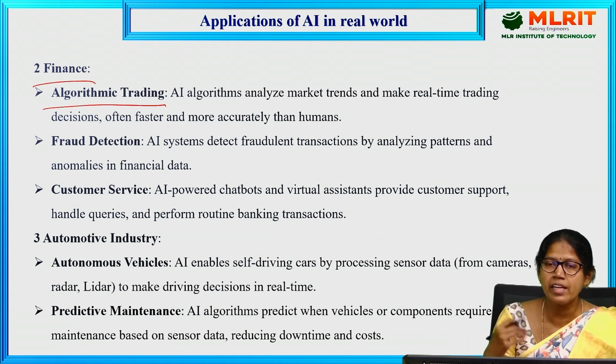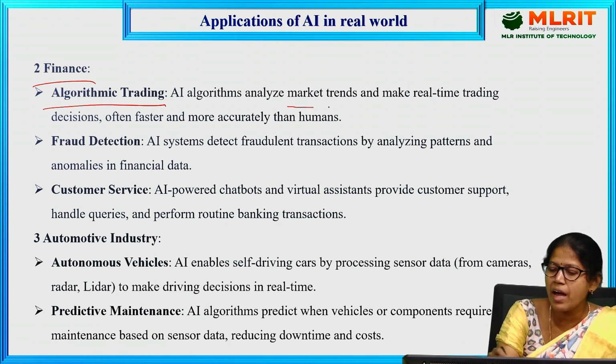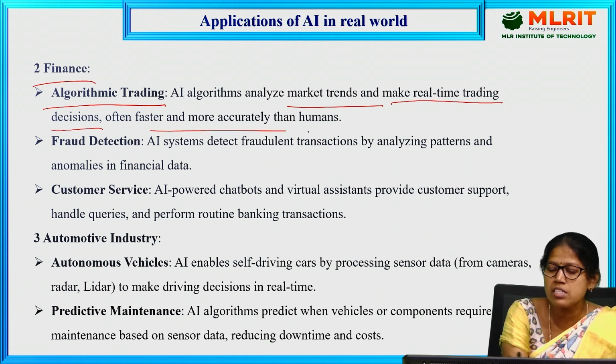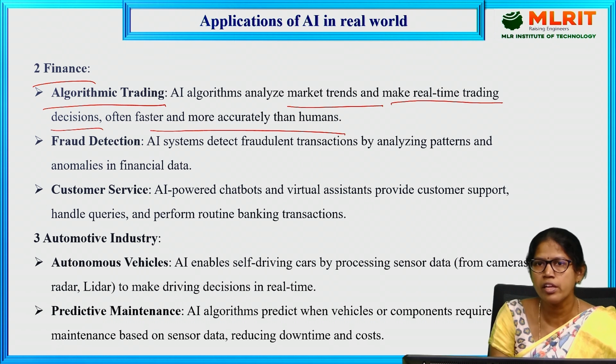AI algorithms analyze market trends and make real-time trading decisions, often faster and more accurately than humans, because humans will forget some important things, but AI won't forget; it will remember all the information about a particular product from the last month or last year onwards.